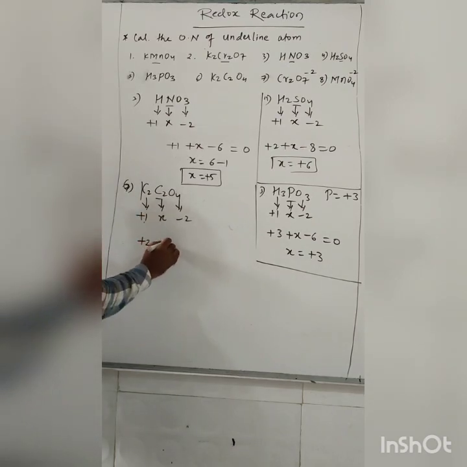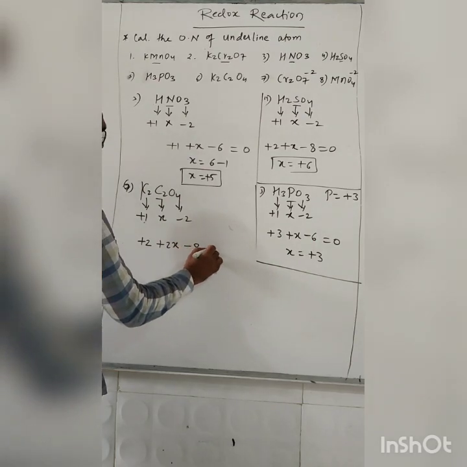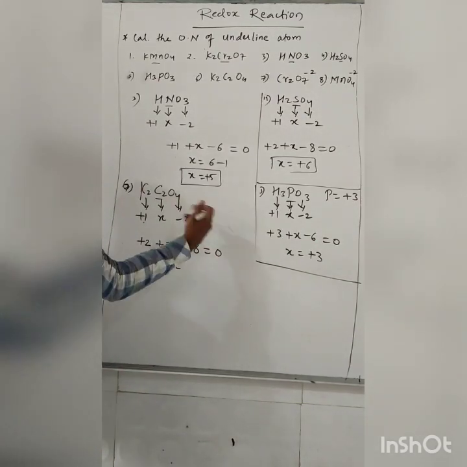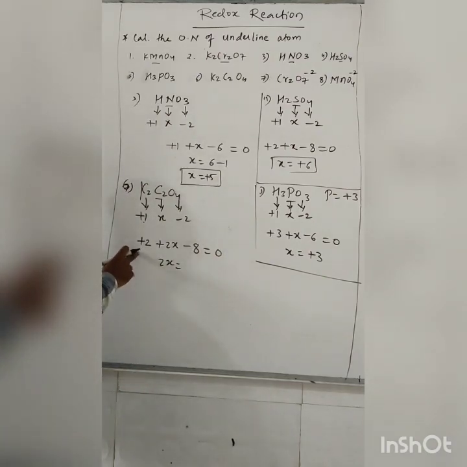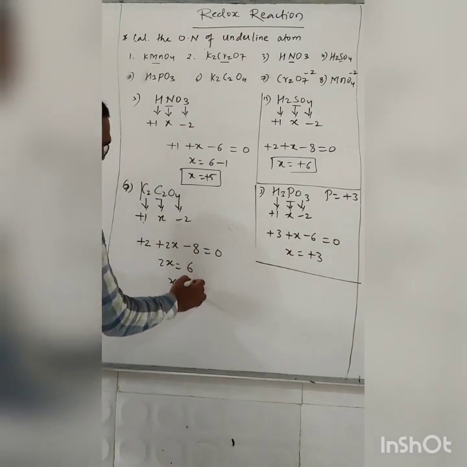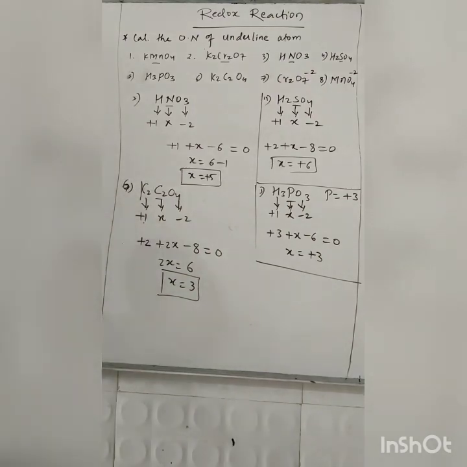How many carbon? 2 carbon, 2x. 2 4s are 8, -8 equal to 0. So 2x is equal to 8 will come here, +8, -2, 6. So x will be 6 by 2 equal to 3.